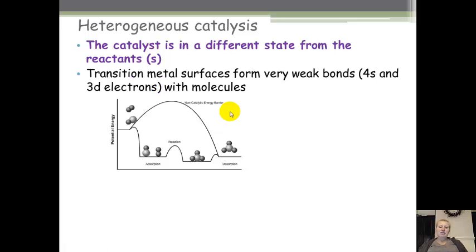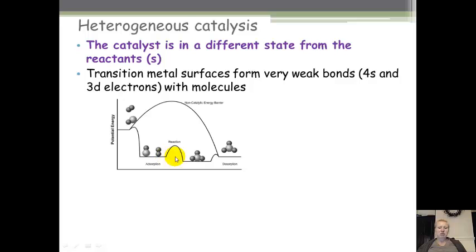The reason why this works is because when you have a transition metal that's a solid, it forms very weak bonds with molecules. So for example, here's a reaction with the reactants going to products, and this is how much energy it would take. It has to go over this hill, oh, what a tall roller coaster, with no catalyst.